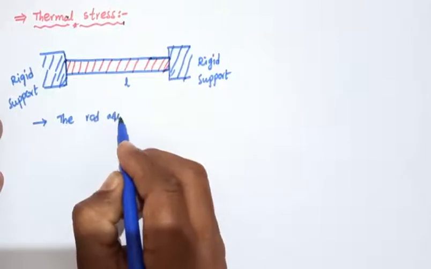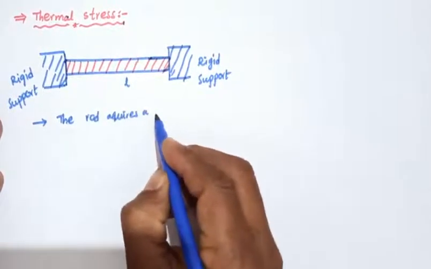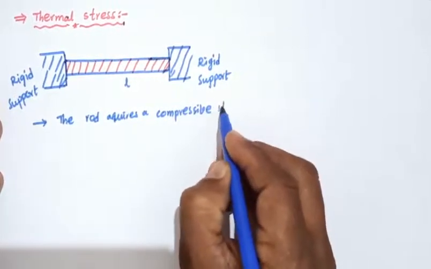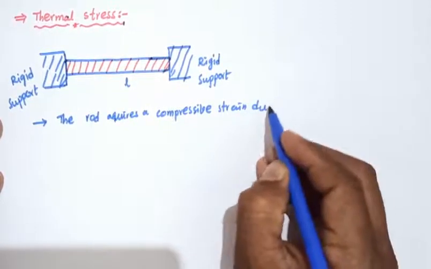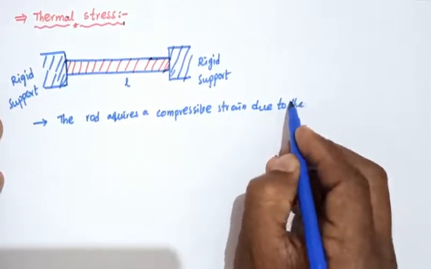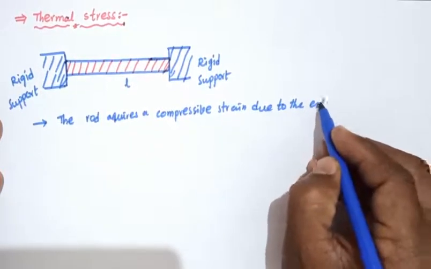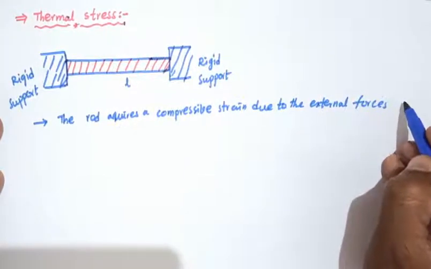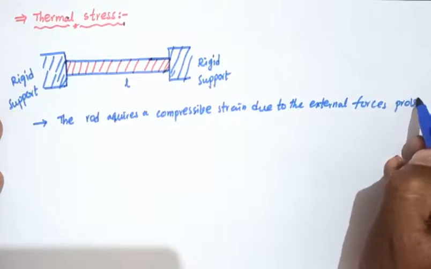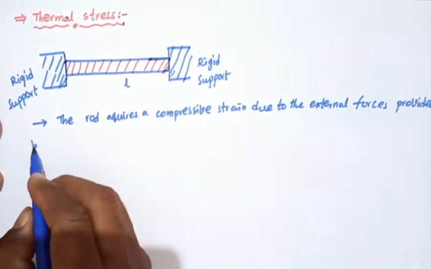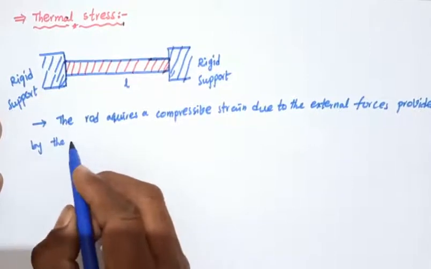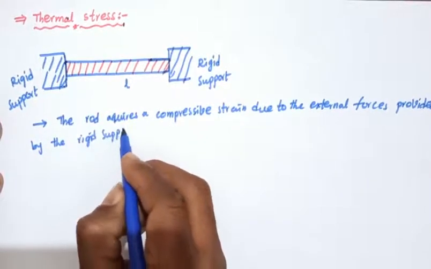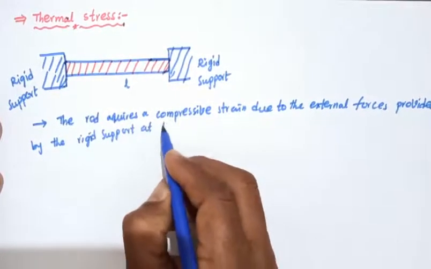rod acquires a compressive strain due to the external forces provided by the rigid support at the ends.